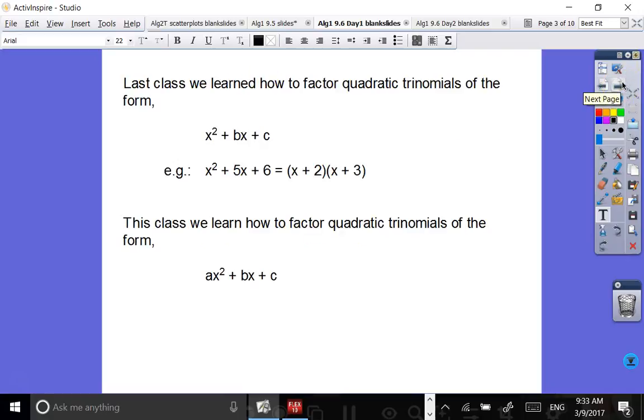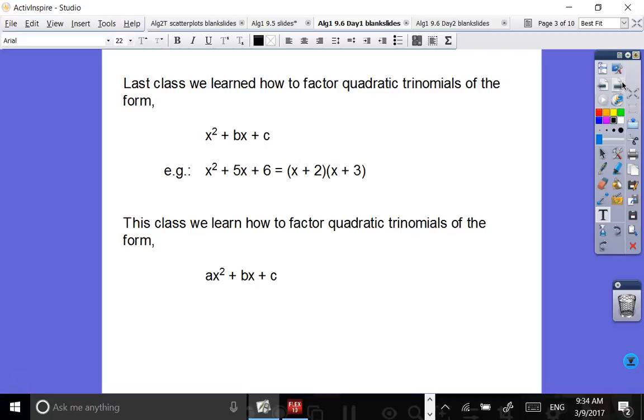Right. So last class we did when a equals 1, and that's what I call, personally, it's not in any book, simple quadratic trinomial. Right? If the a does not equal 1, it's not simple anymore. It's going to be more difficult.